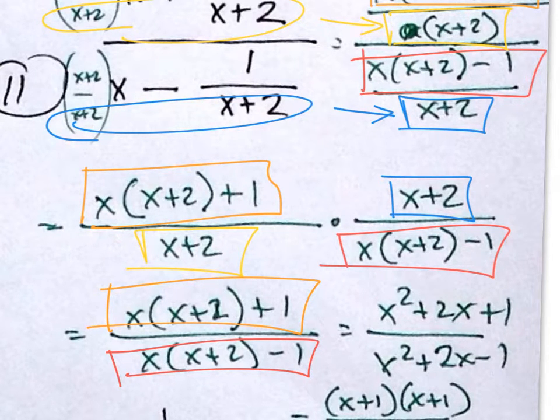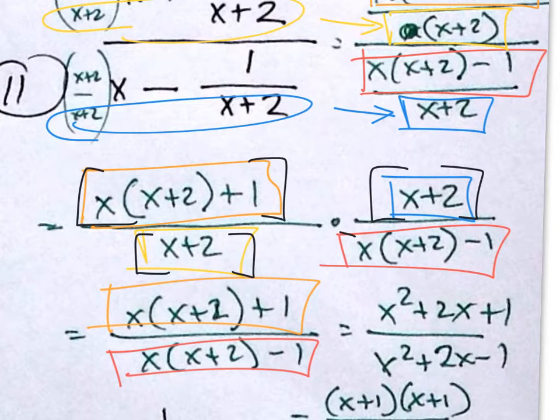Alright, and I know it's tempting to see x plus 2 and x plus 2 and cancel, but you can't because it's not the entire numerator being multiplied. Up here it was, because it's all of this being multiplied by this. And I know that that is definitely a source of confusion, but the more you practice, the more sense it will make. So we're not allowed to cancel this stuff here.